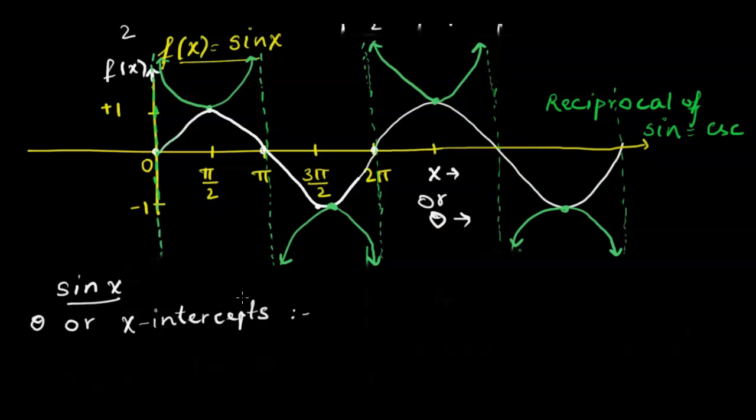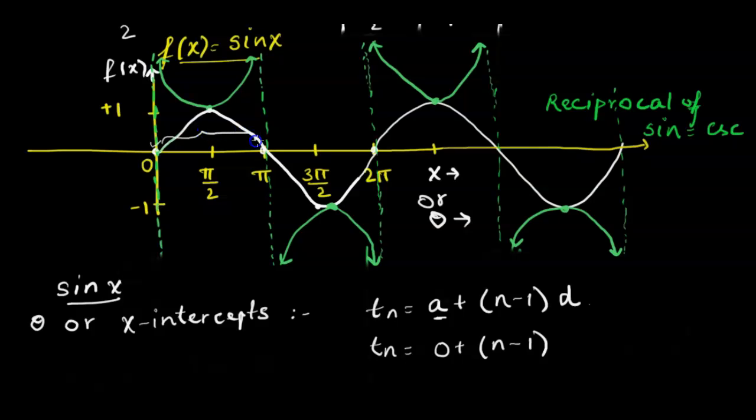So whenever the value is repetitive, we use what is called the arithmetic function equation, and the arithmetic function equation is Tn = a + (n - 1)d, where a represents the first value, n is the variable, and d is the common difference. So if you're looking for theta or x-intercepts, the first time that we notice x-intercept is at 0, so we can write down a as 0, n is a variable, common difference means after what distance do we see the x-intercept again, and that is pi distance away.